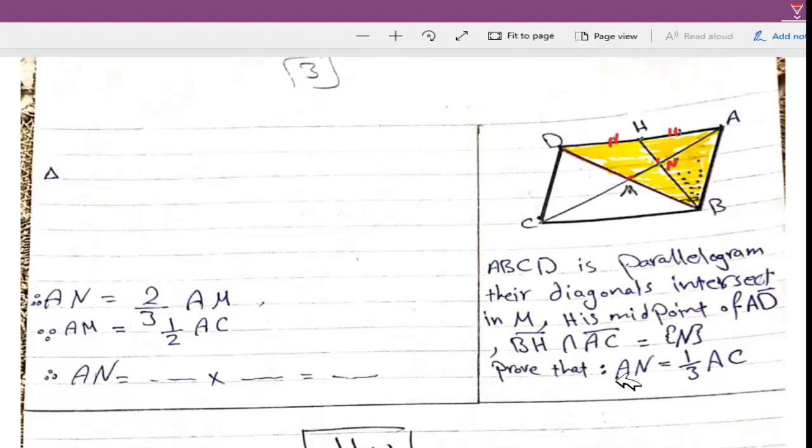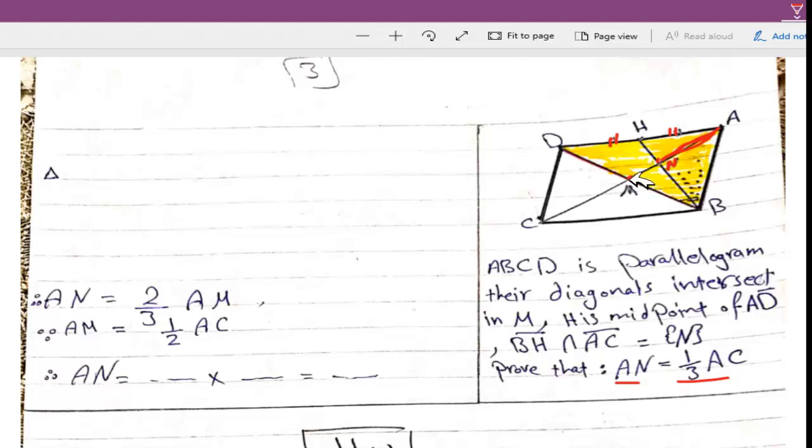Prove AN equals third AC. AN, this part, equals third AC, all of this. I said at first this is the midpoint.